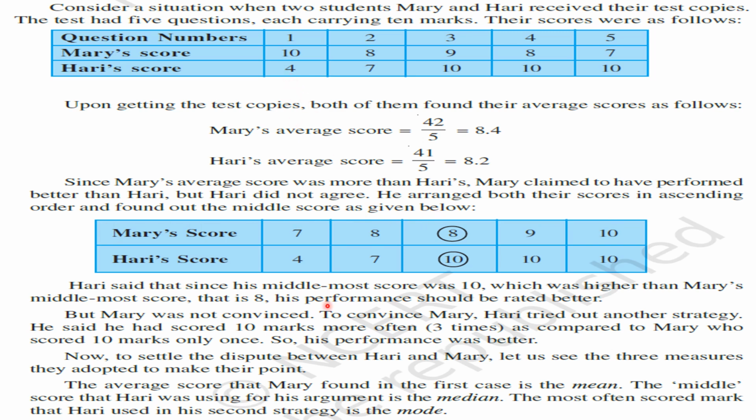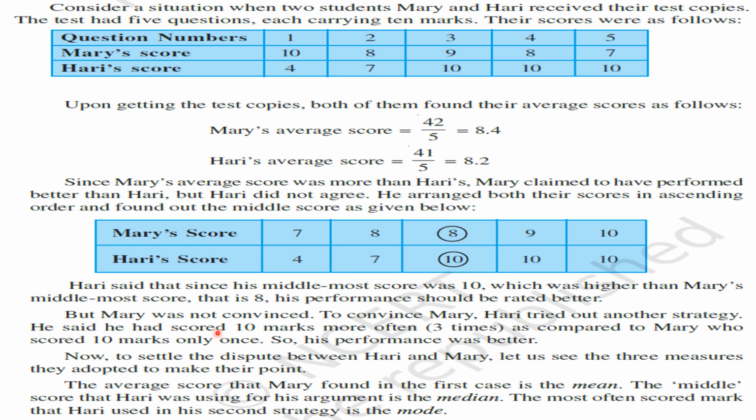He arranged their scores in ascending order from lower score to higher score. So 7, 8, 8, 9, 10. He also arranged his scores: 4, 7, 10, 10, 10. And he considered the middle score, the middle number. Here it is 8; Hari's score is 10.